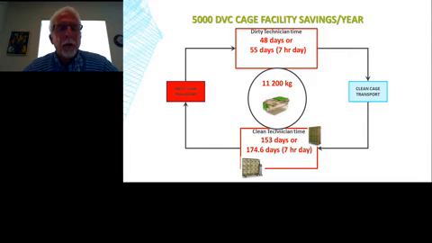There's a lot of variability with that. The one thing we don't have a lot of variability with is how much substrate it would save, and that is about 11,200 kilograms of substrate. So all in all, there's quite a significant savings.